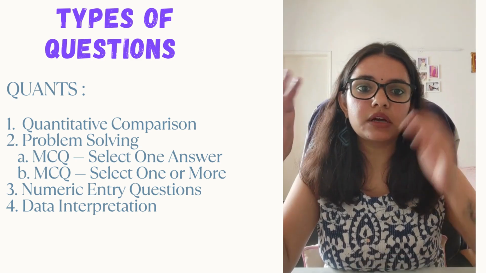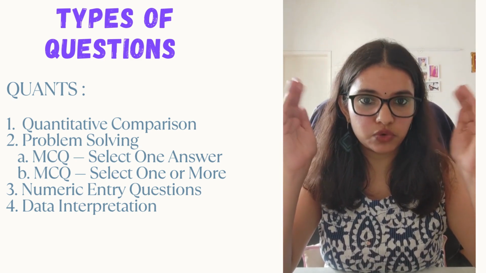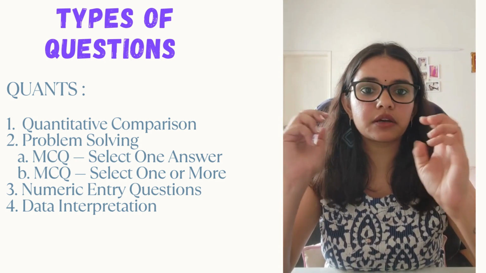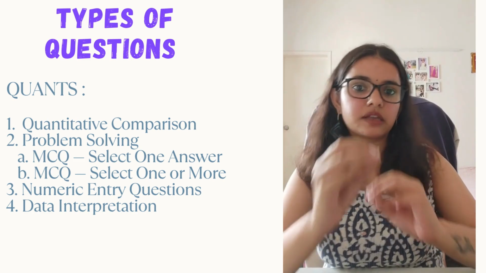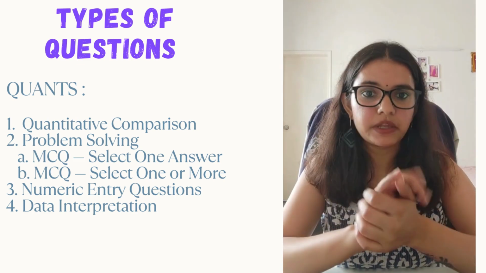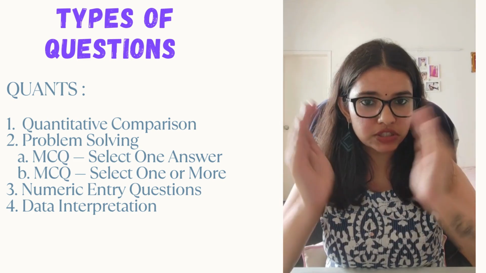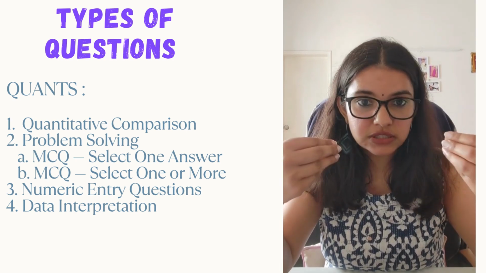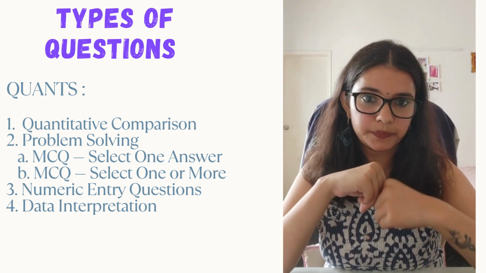And then there's compare the quantities, where you pick whether quantity A is bigger or quantity B is bigger. So that's just a very small gist of the types of questions presented in GRE.